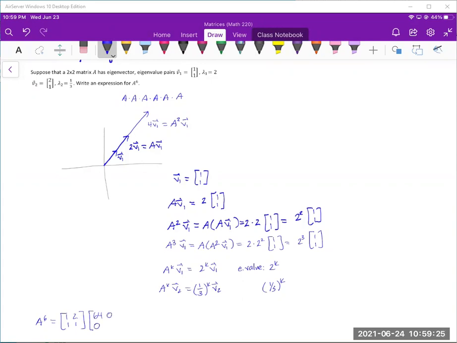And 1/3 to the 6th. And we'll have P inverse, which we had a determinant of -1, so this gave us -1, 2, 1, -1. So A to the 6th ends up being P times D to the 6th times P inverse.